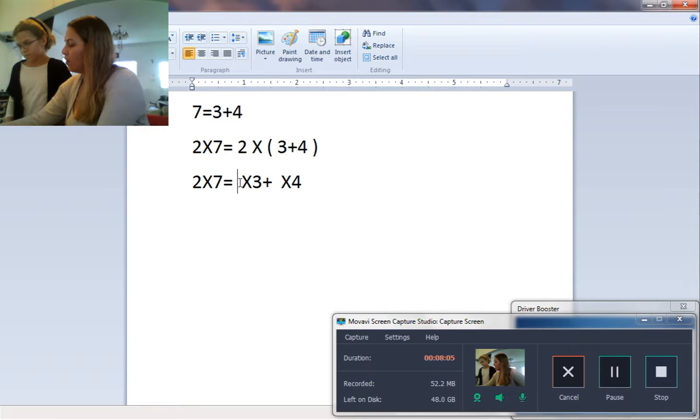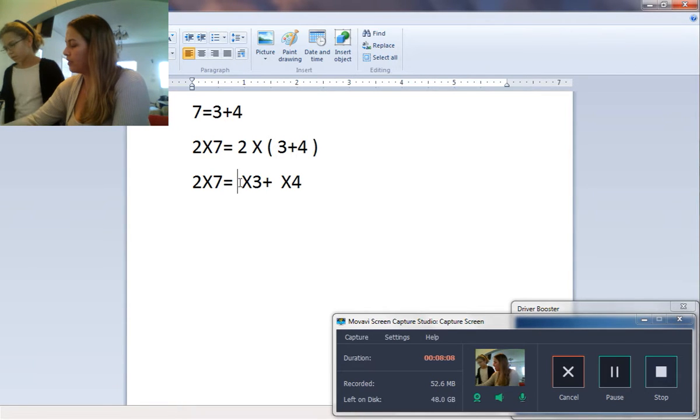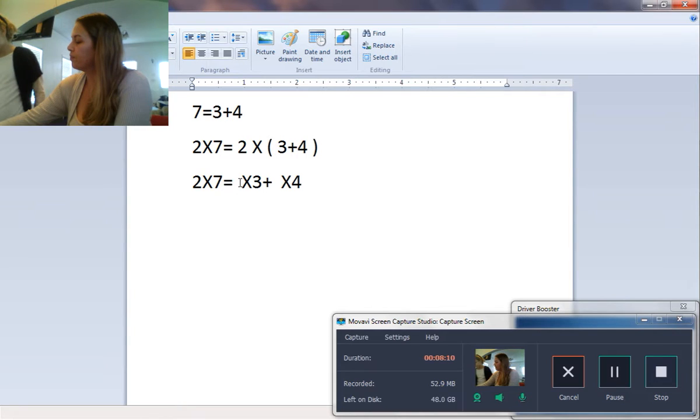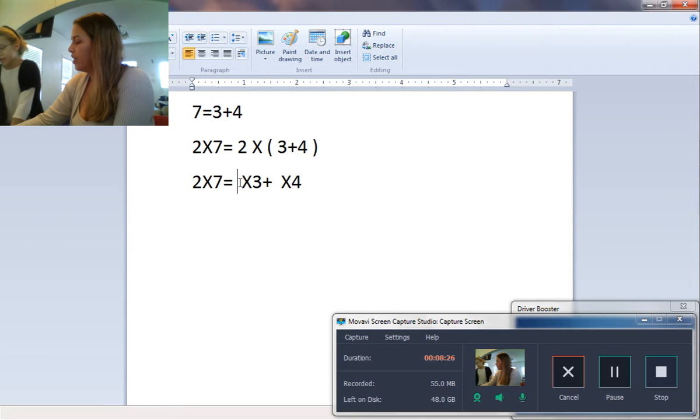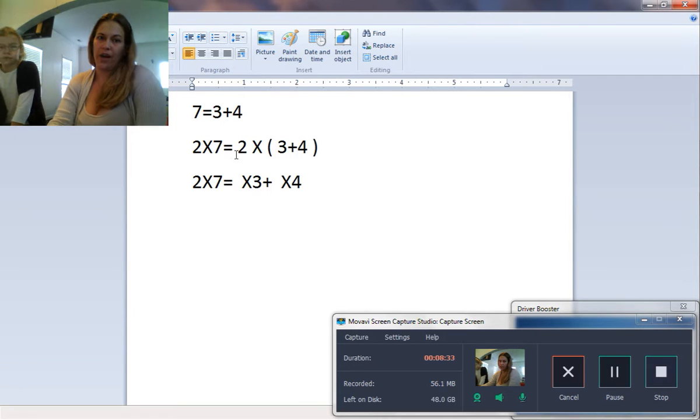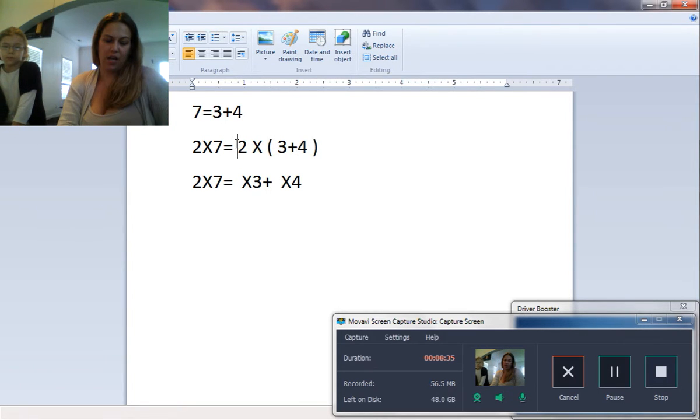Okay, so in this math problem, it has 7 dots equals 3 squares plus 4 triangles. So you would do 7 equals 3 plus 4, because you know 3 plus 4 is 7, right? So you know 2 times 7 is 14. Equals 14, right? Yes.